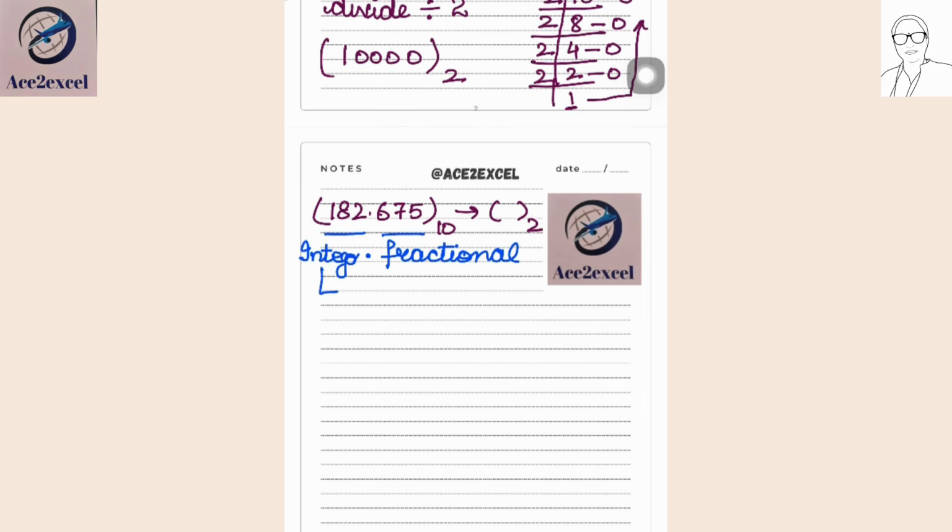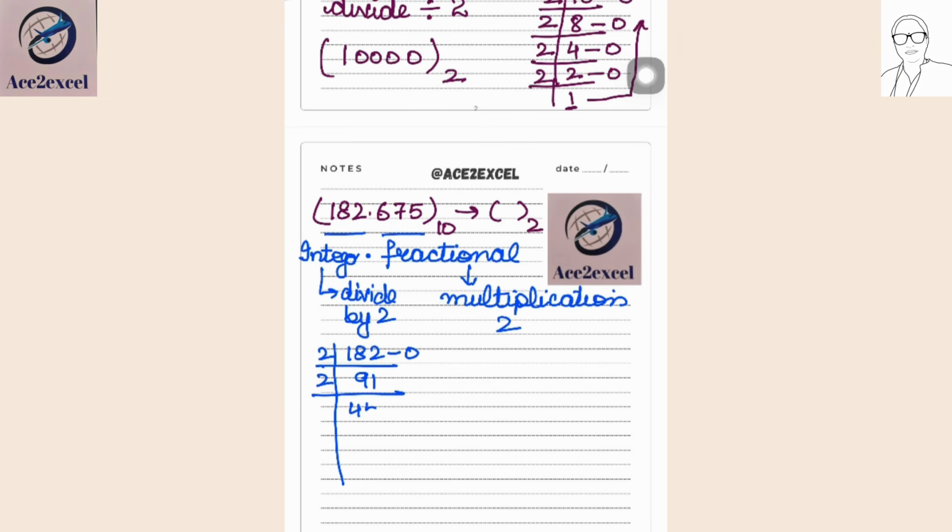For the integer, we will be using the same rule, that is divide by 2. But for the fractional part, we will be multiplying, and again multiplication will be done with 2 only. So taking them up separately, 182 divided by 2, writing the remainder on one side.